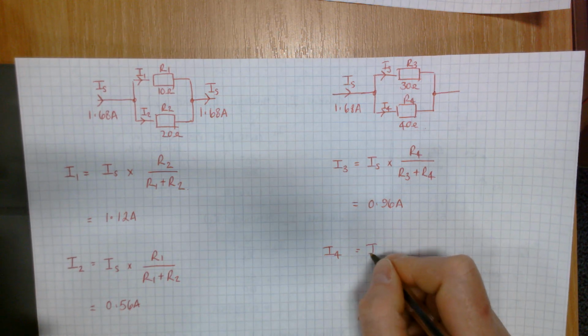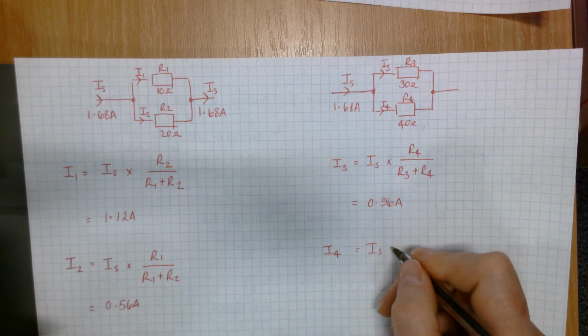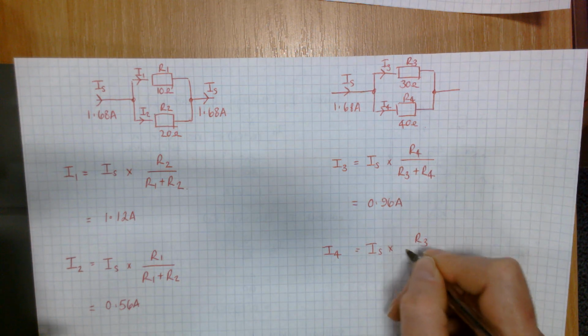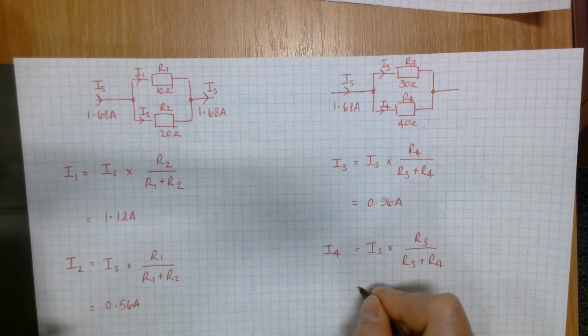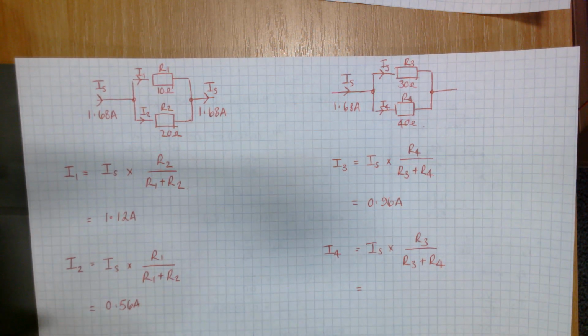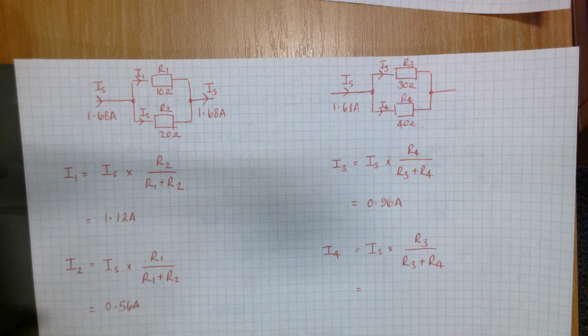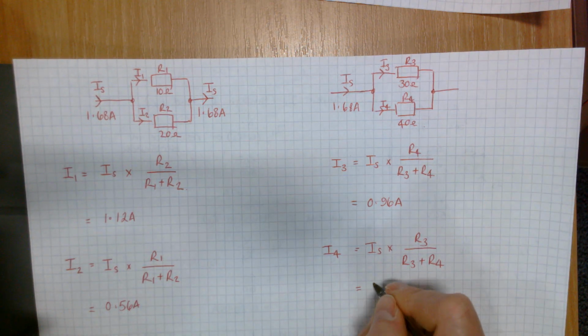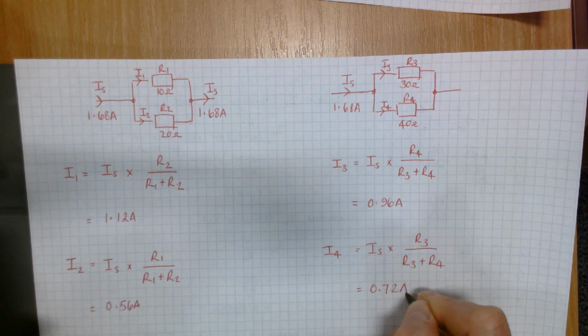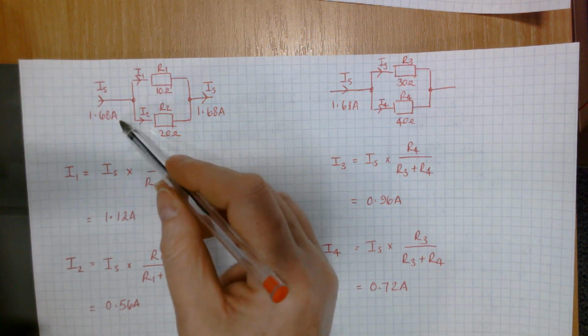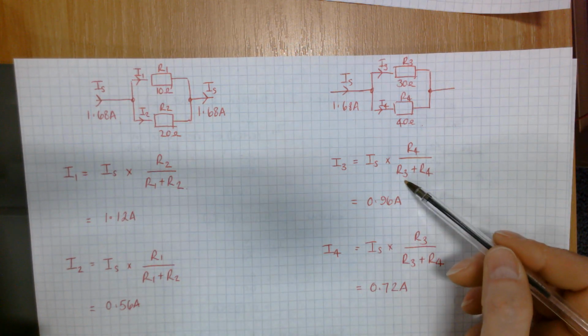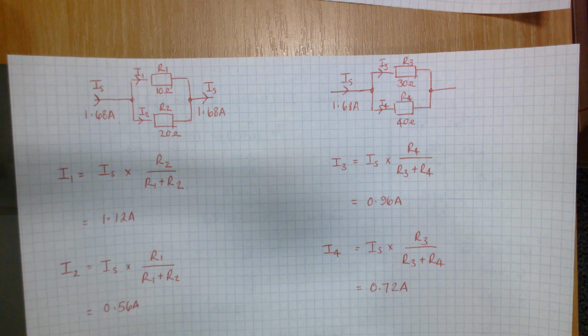Your I4, IS times R3 is on the top branch. 1.68 again is the current you're dividing. And these two currents will add up to give you 1.68. So these two add up to give you 1.68, and these two add up to give you 1.68. And when you've done that, you're ready to go back and look for your voltage dividers.